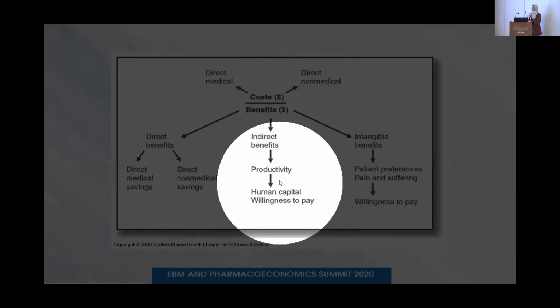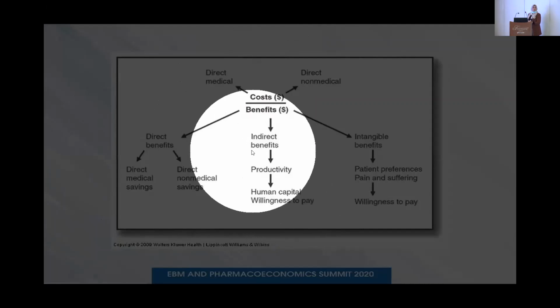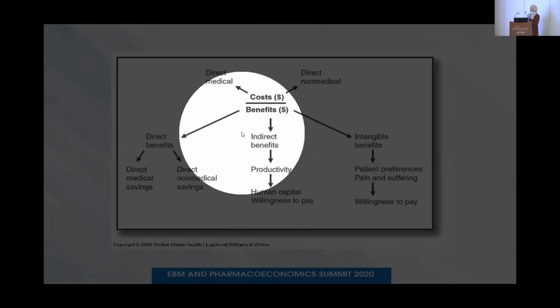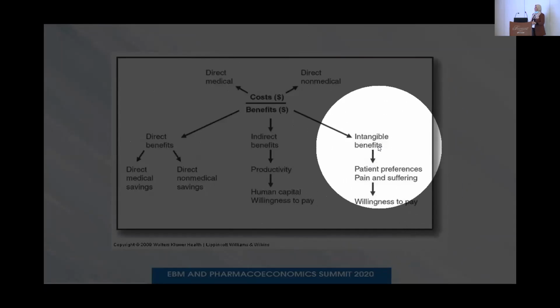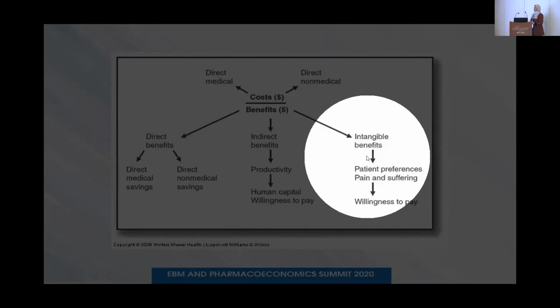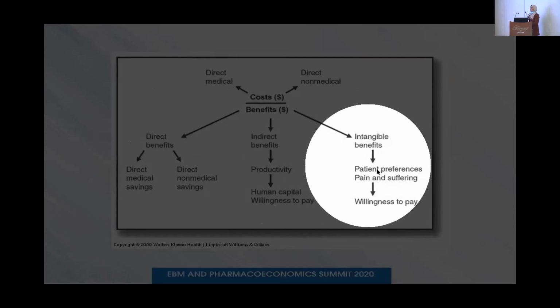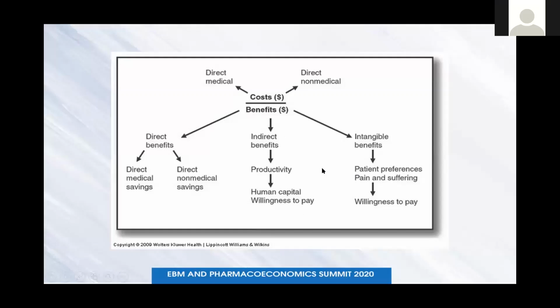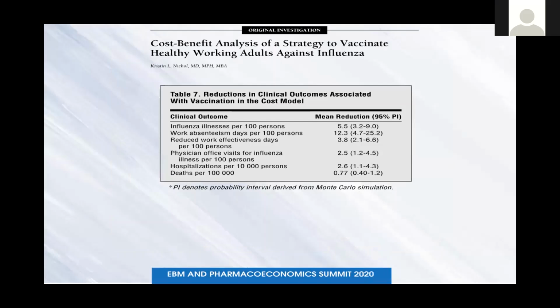And we can apply many different approaches like the human capital or willingness to pay according to the different perspectives that I just mentioned. And it might also include the intangible benefits, taking in consideration the patient preference, pain, and suffering. So as I said, it's not easy or straightforward, and it would take many steps in order to give the monetary value for our benefits.